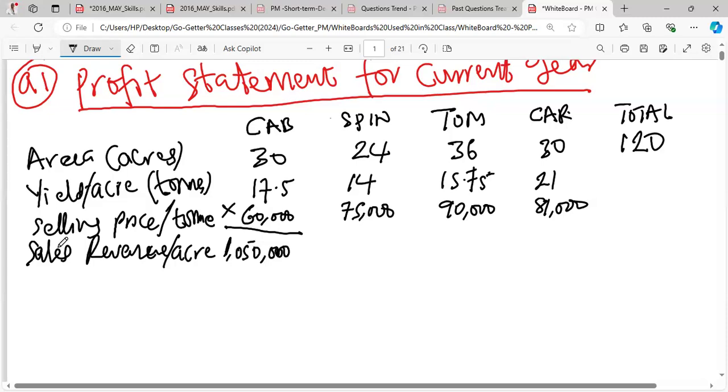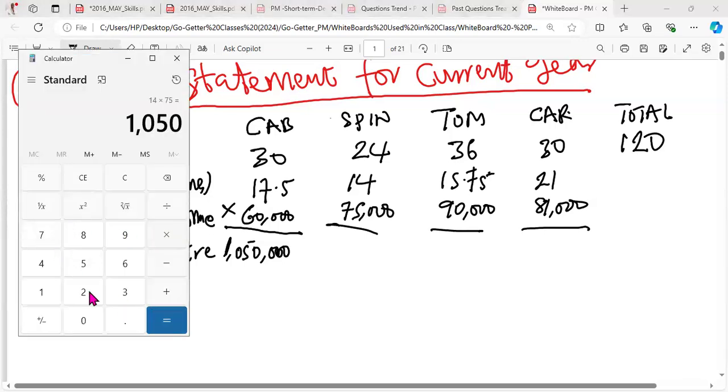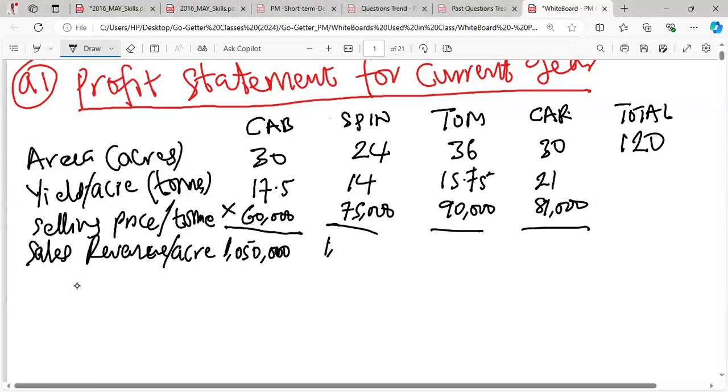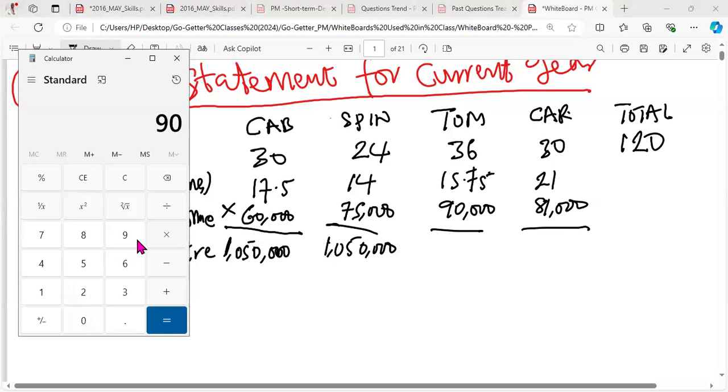Then we have 14 times 75, that gives me another 1050. Then we have 90 multiplied by 15.75.